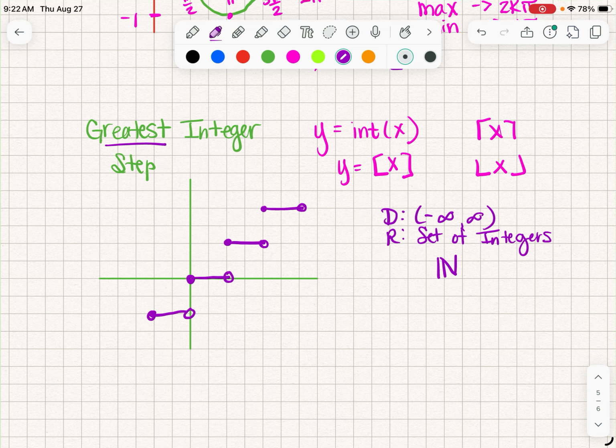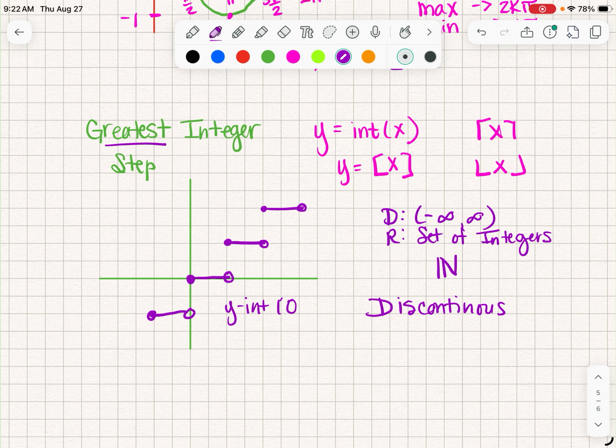It is obviously not continuous because it's in a million little pieces, so it's discontinuous. The only y-intercept is the origin.